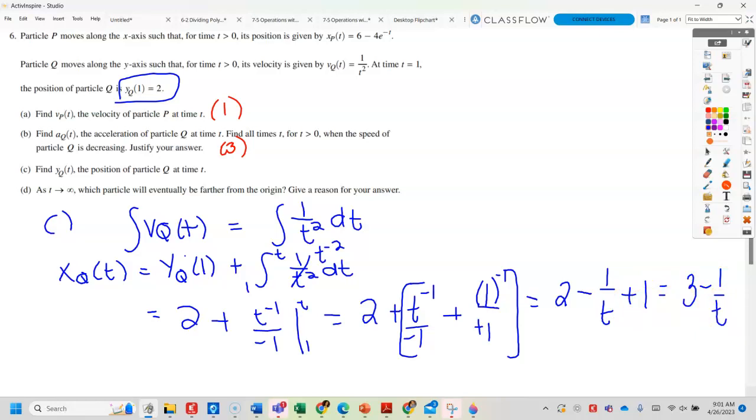We have 3 minus 1 over t, plus 1. So again, what that means is that the initial position of the particle is 3.